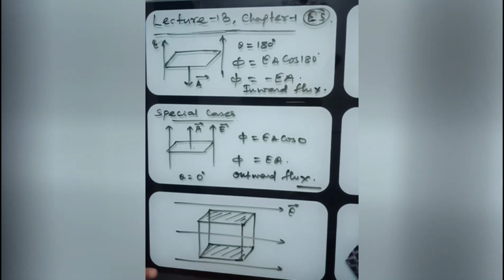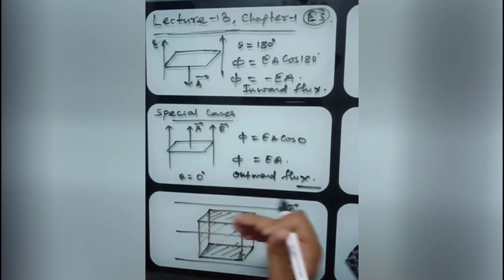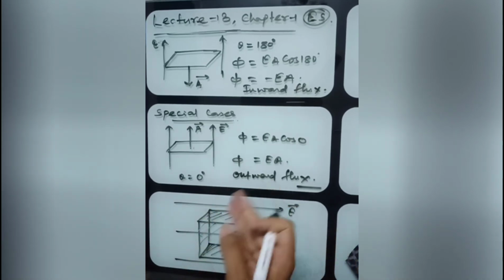Now this front one is also not capable of counting because the area vector will be outward and the electric field is going in this way. So the electric field and area will give you 90 degrees, and the face behind this one, just below the top face, will also make 90 degrees with the electric field, so that will also not count.